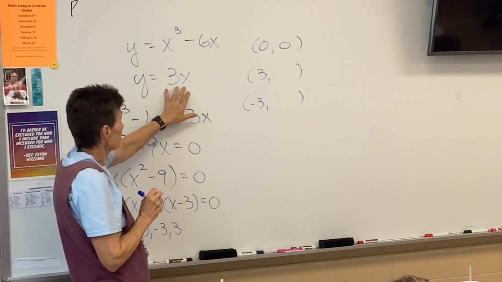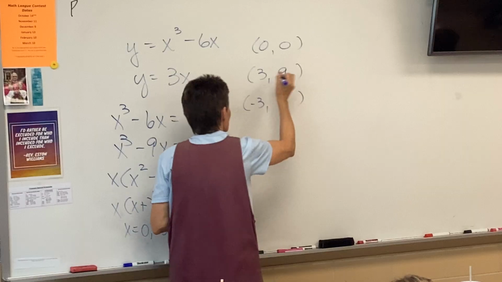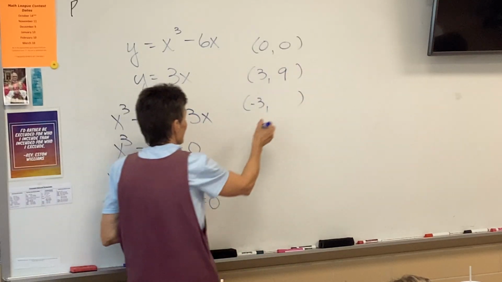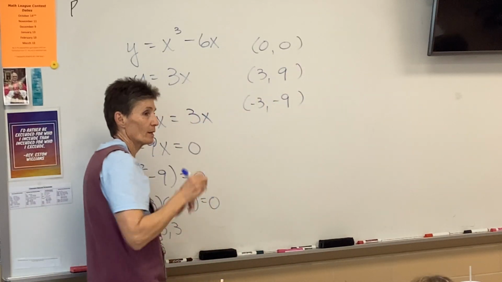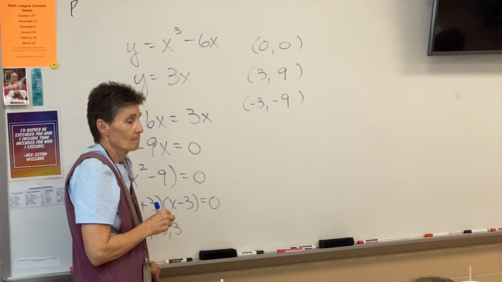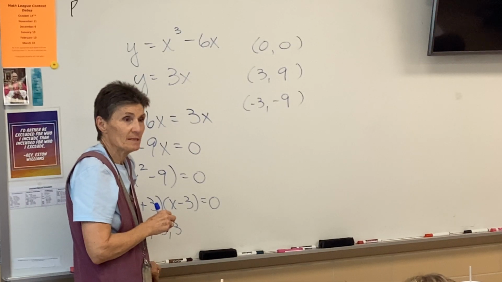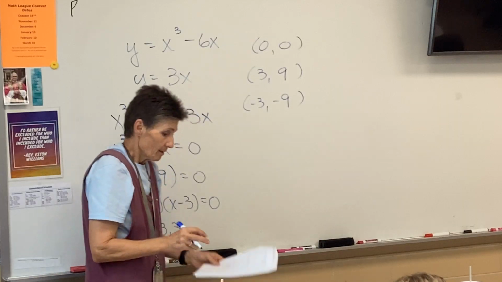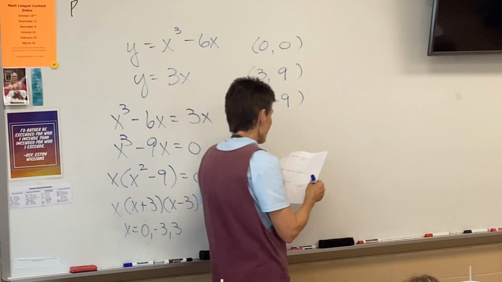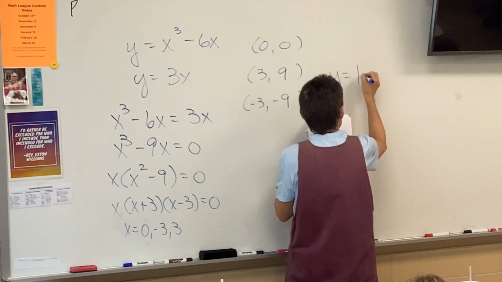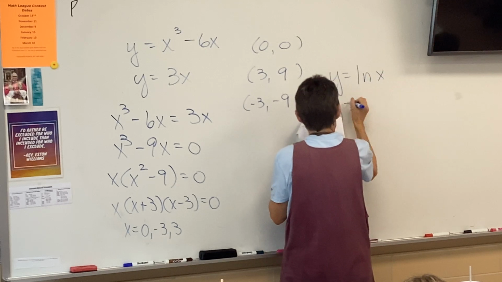If x is 3, y is 9. And if x is negative 3, y is negative 9. Easy peasy. Alright. Thank the Lord we're doing the next one graphically because this is not very pretty.